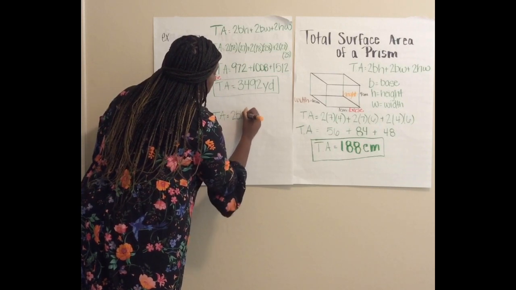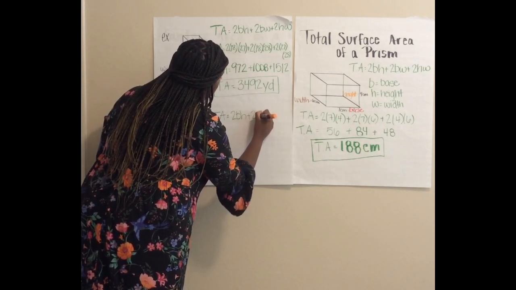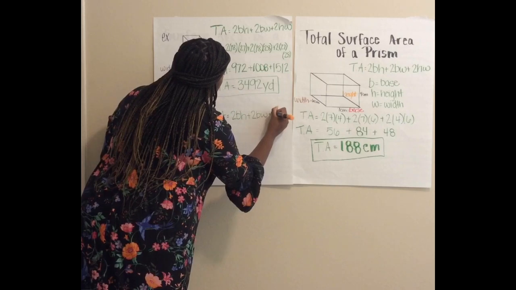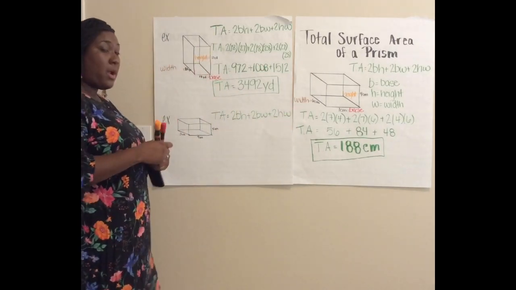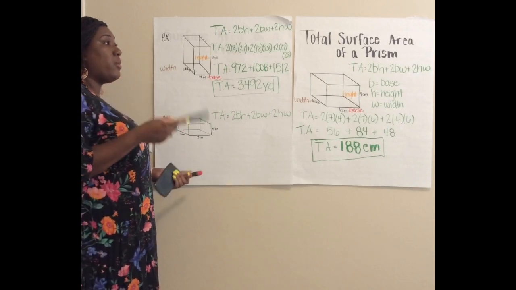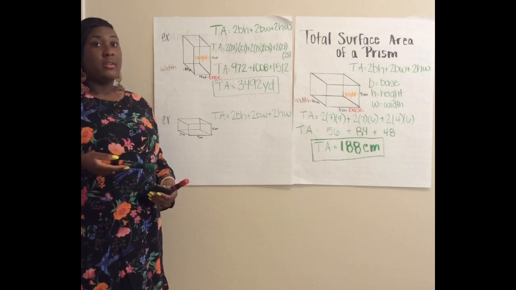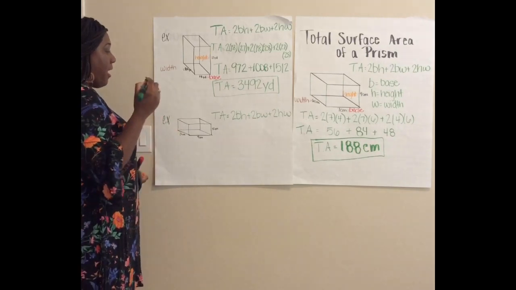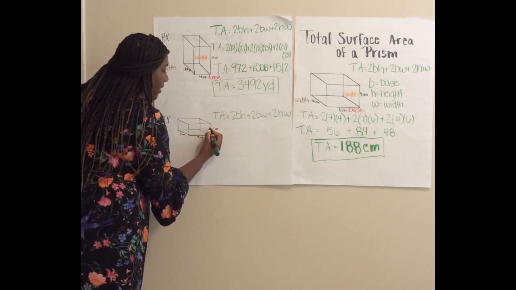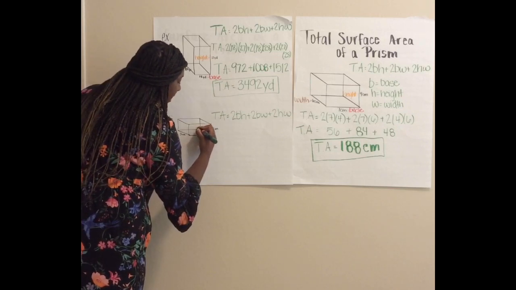2BH plus 2BW plus 2HW. Guys, the reason I stress writing the formula, the more and more you write the formula, the more and more you remember the formula. Okay? So let's label what we have. This 5 is our height.